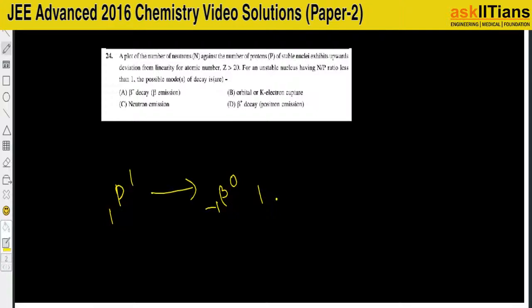No, sorry. So there will be no beta decay. There will be positron emission then. Okay, there will be positron emission which will give me the neutron kind of stuff which I require, which is demanded in the question. So there will be beta plus decay, and hence I can get it like this.